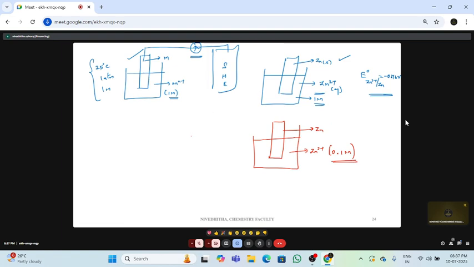In the case of silver, I have a silver rod, and I'm going to dip the silver metal in a solution which contains Ag+ ions. So here, what is the number of electrons involved?